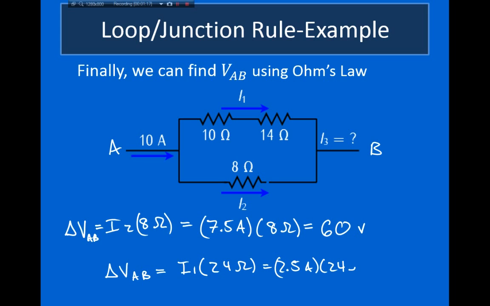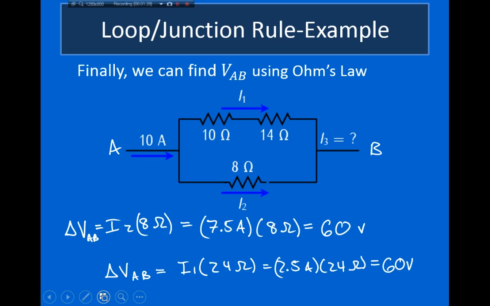And again, if you plug that into a calculator, you'll see that this is going to equal 60 volts as well. So we get the same voltage drop across the top part as the bottom part, and of course we should get the same voltage drop because the left sides of these are connected together, and the right sides of these are connected together. So it's kind of like resistors in parallel, so the voltage drop across them will be the same.